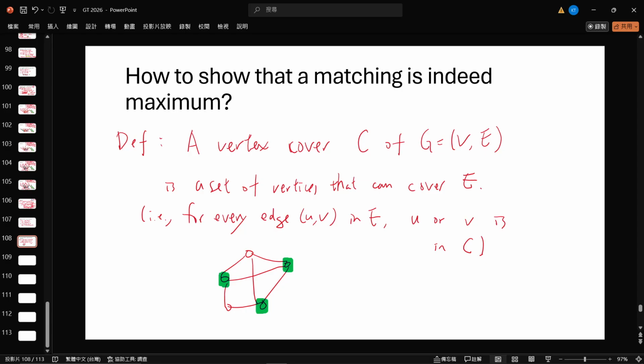At least one of its endpoints is a chosen vertex. Okay? So these 3 vertices form a vertex cover. So vertex cover is very simple: choose vertices such that they can cover all the edges. An edge being covered means that one of its endpoints has been chosen.